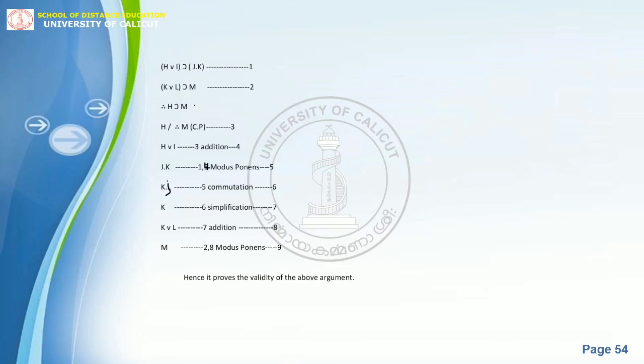Here H is numbered 3, and M is the conclusion, and in the bracket I have written conditional proof. So I have to derive the answer M from all these premises. First I used the rule of addition and wrote H or I, written as 3 addition, numbered as 4.